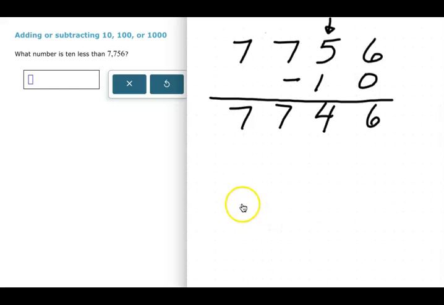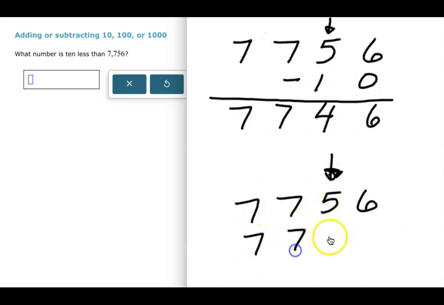So when I have 7,756 and I want 10 less, the column that I'm going to be focusing on is the tens column, and I'm going to do a ten less. So instead of 50s, I'll be in the 40s. So 7,746.